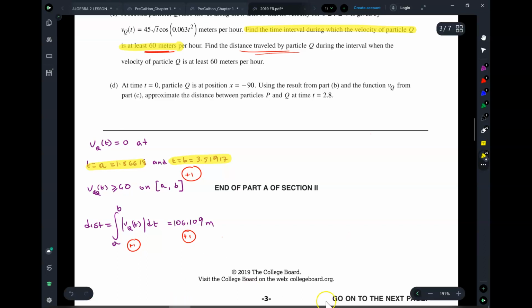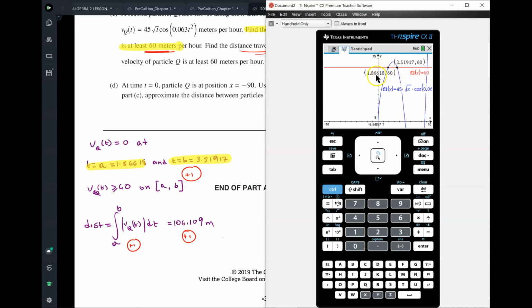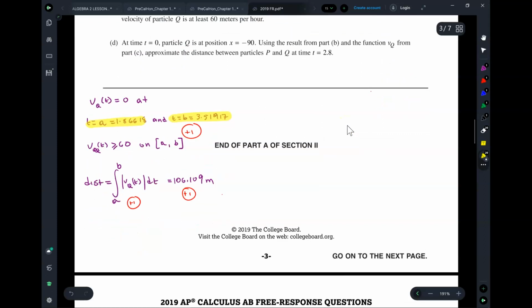So now when I go to my function or my graph, I can store this as A, and the other one as B. So the total distance traveled, since V is greater than or equal to 60 on A to B, is the integral from A to B of this, which is that much.